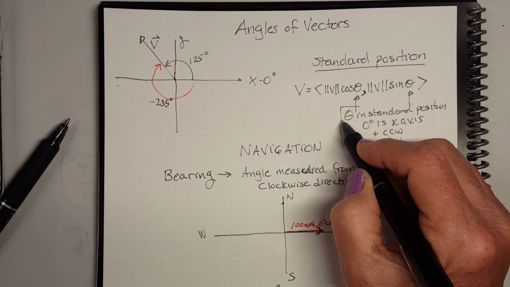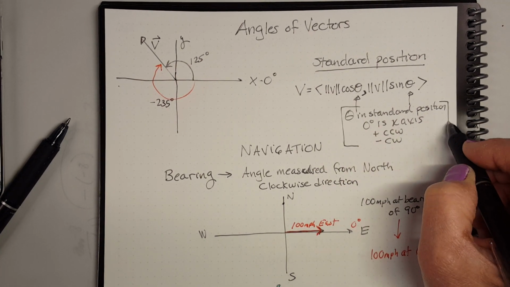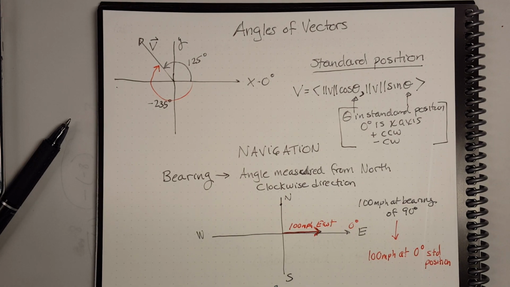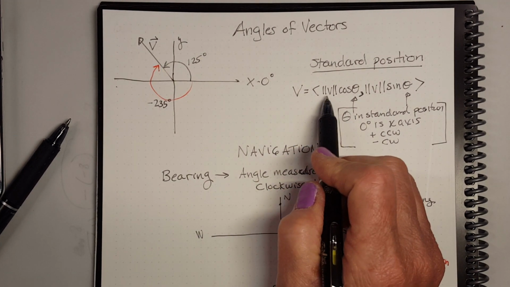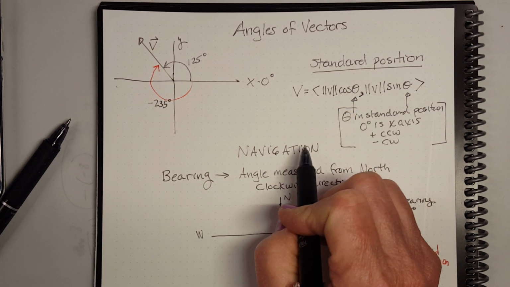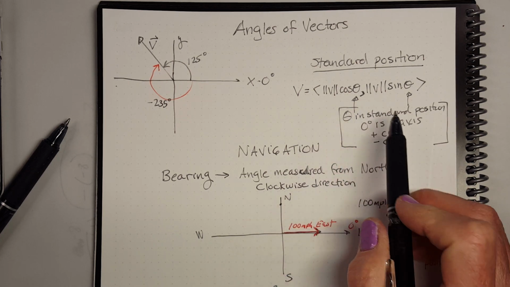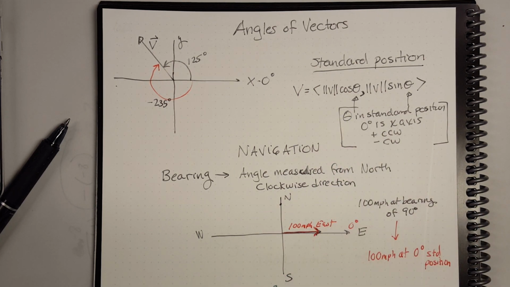We learned this in our basic trig information back in chapter 4. And now, as we're in vectors, if we want to use this formula to calculate the components of our vectors, it makes calculating the components very quick, but that angle must be in standard position.